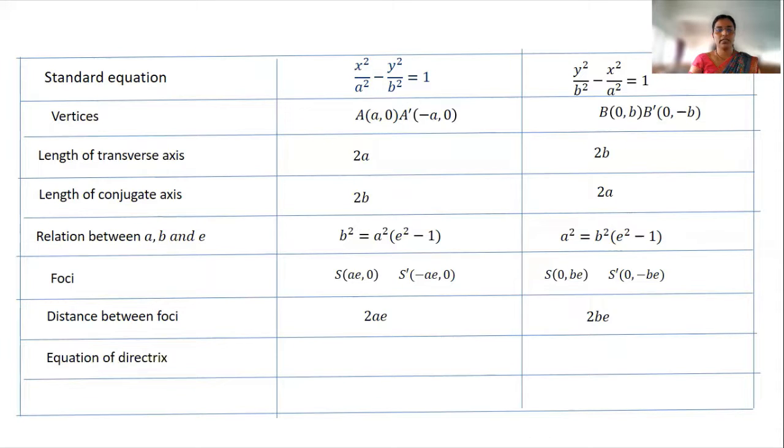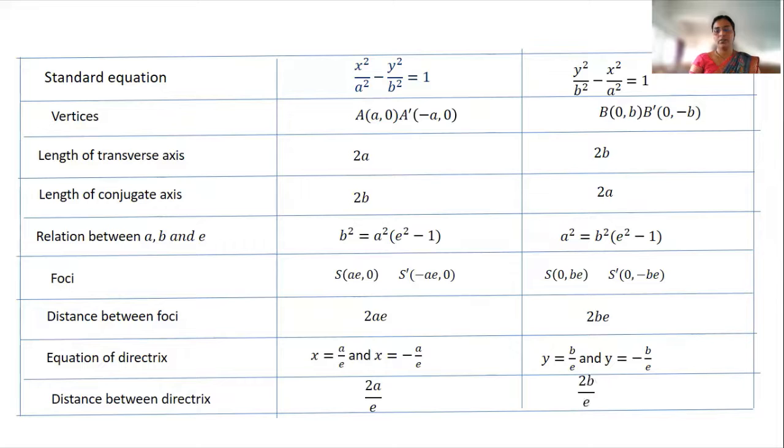Equation of the directrix is x is equal to a upon e and x is equal to minus a upon e. And for the conjugate hyperbola, y is equal to b upon e and y is equal to minus b upon e. The distance between directrices is 2a upon e for the standard hyperbola and for the conjugate hyperbola 2b upon e.